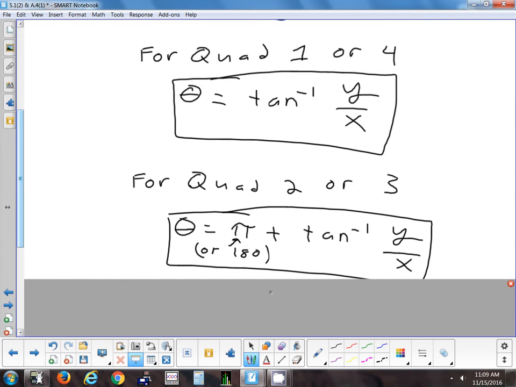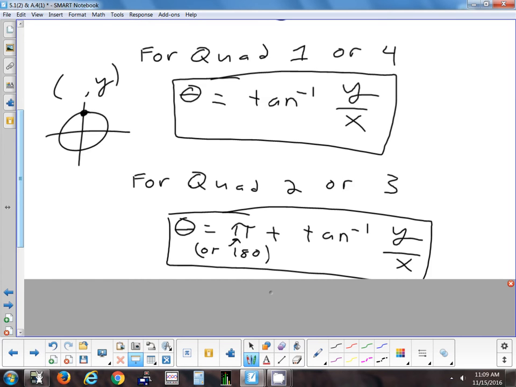Okay? So if you're on an axis, you can't use one of these formulas. Okay? Let's look at why. Let's say you had a point right here. I don't know what the y value is. It's some y value. But I do know the x value.